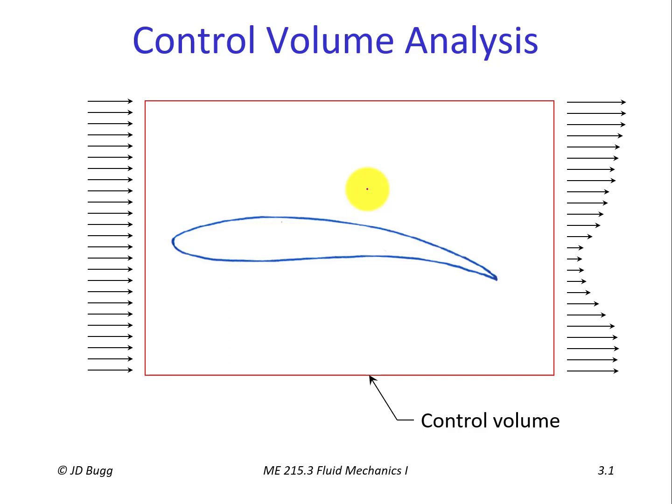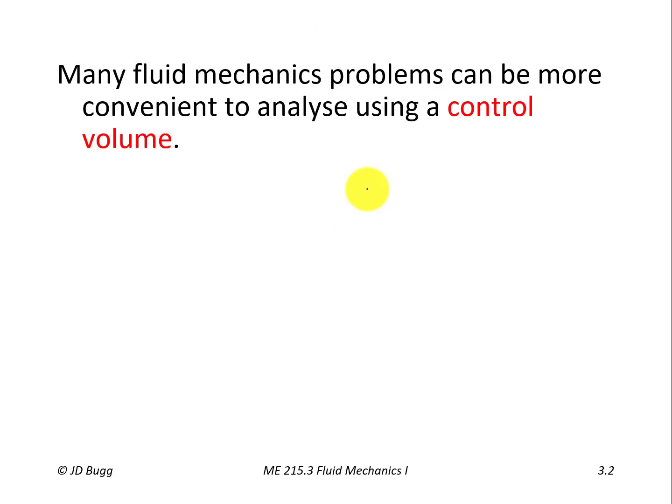So what we need to develop in order to be able to do this is conservation equations that work for a control volume. The reason we're going to do this is that many problems, such as I've illustrated here, can be more convenient to analyze using a control volume approach as opposed to a control mass.